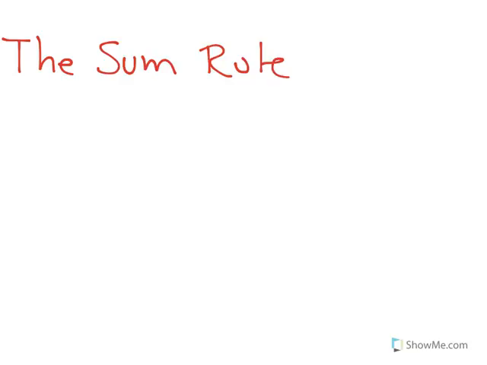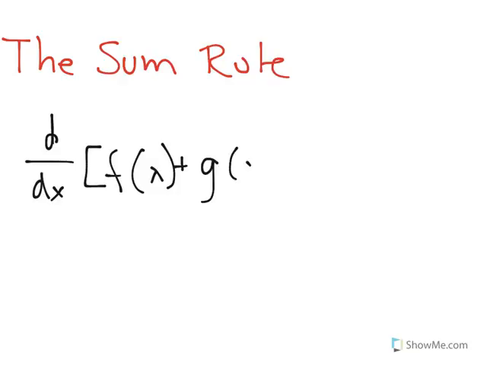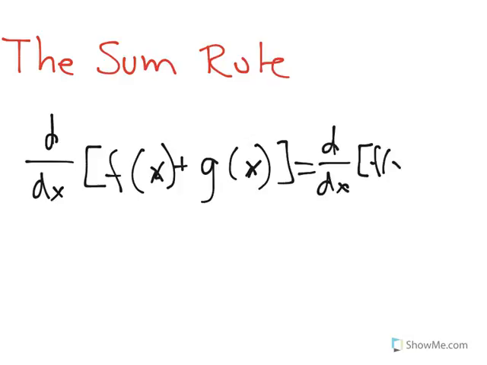But what this sum rule does, and of course you can always go back to the previous video and check it out, is that if you get the derivative of f of x plus g of x with respect to x, then that is just equal to getting the derivative of f of x with respect to x plus the derivative of g of x with respect to x. Very well, so this is our rule.